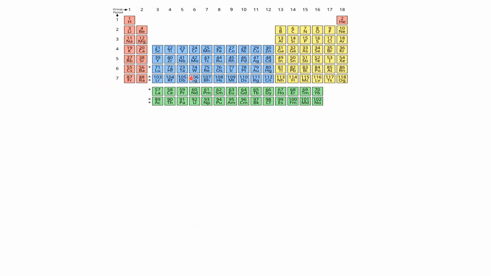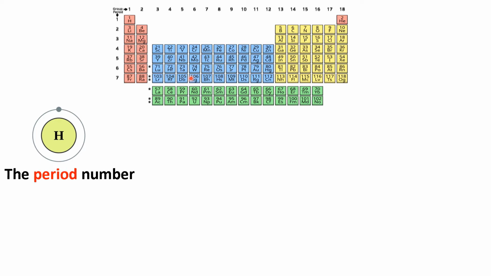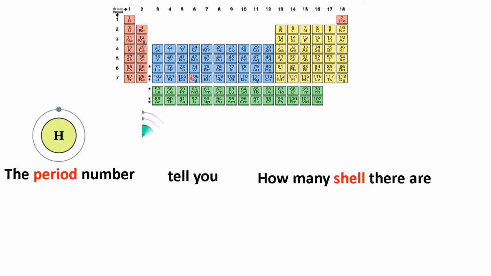In the periodic table, we can see the hydrogen atom and we can know the period number. That tells you how many shells there are.